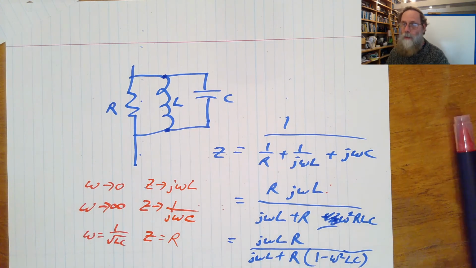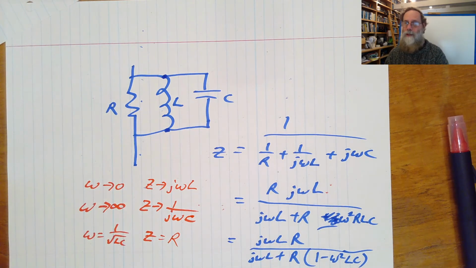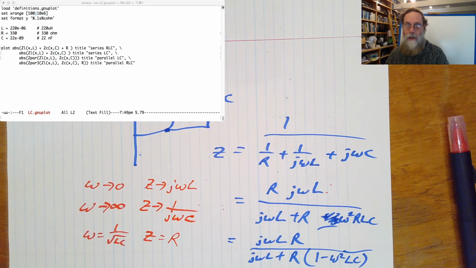Okay, it's probably worthwhile to plot these things out using gnuplot. So let's take a look at what that gives us. Here's a script loading definitions to get all the definitions of ZL and ZR and parallel connections.